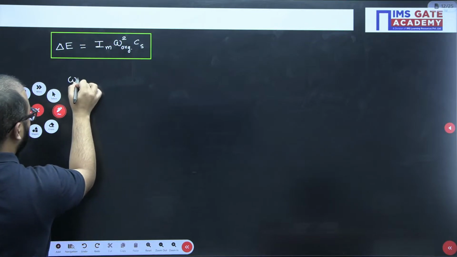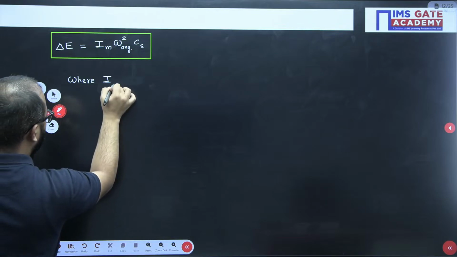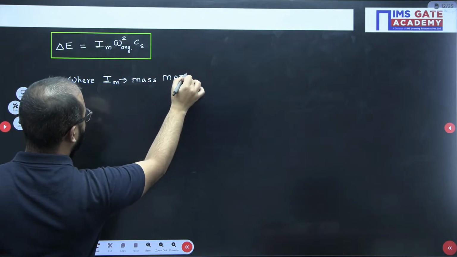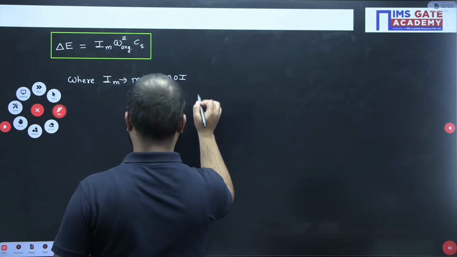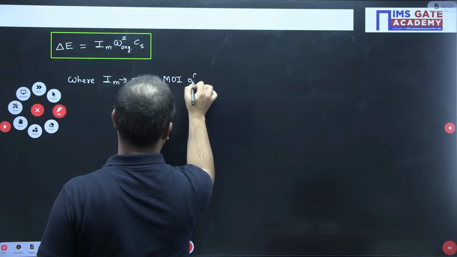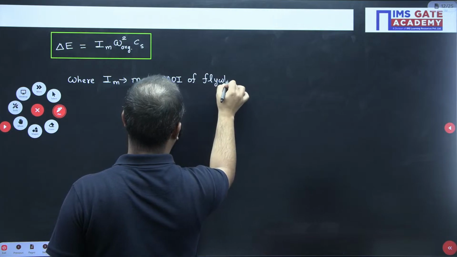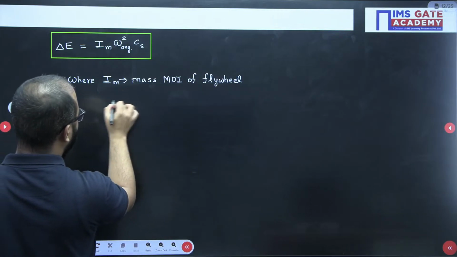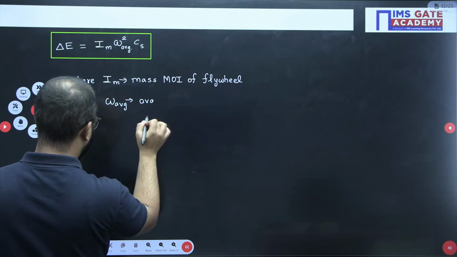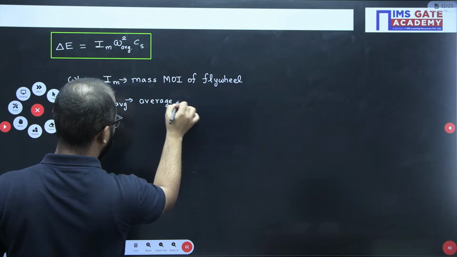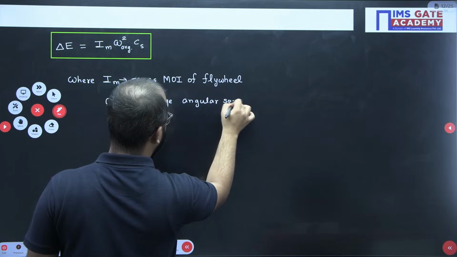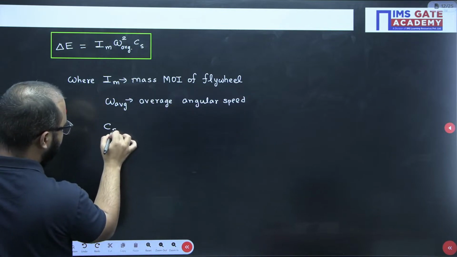Where Im is the mass moment of inertia of flywheel, omega average is the average speed of rotation, average angular speed, and CS is the coefficient of fluctuation.